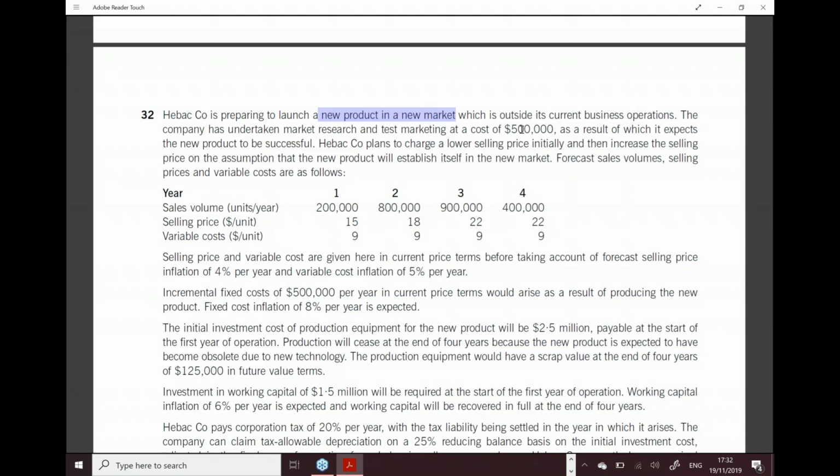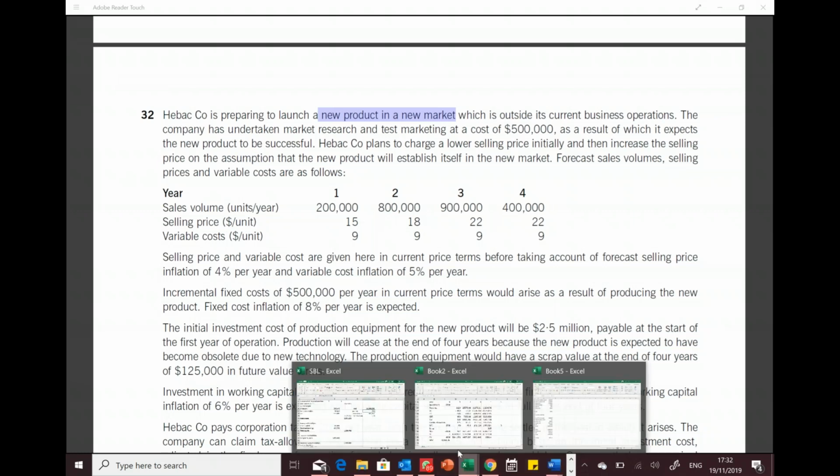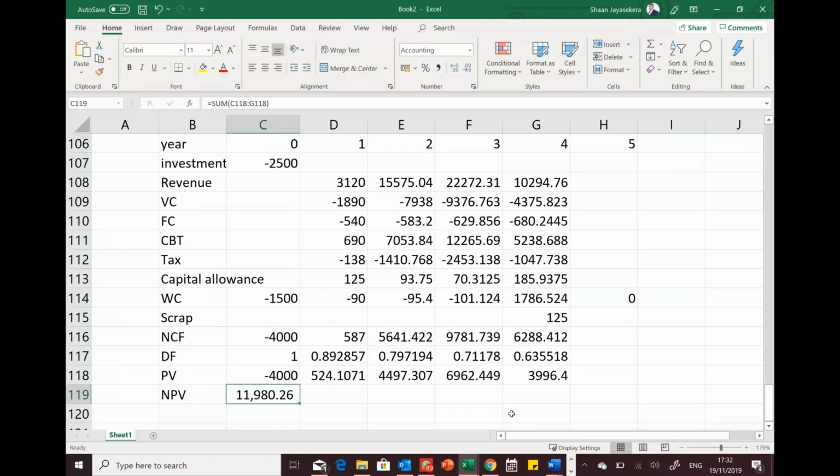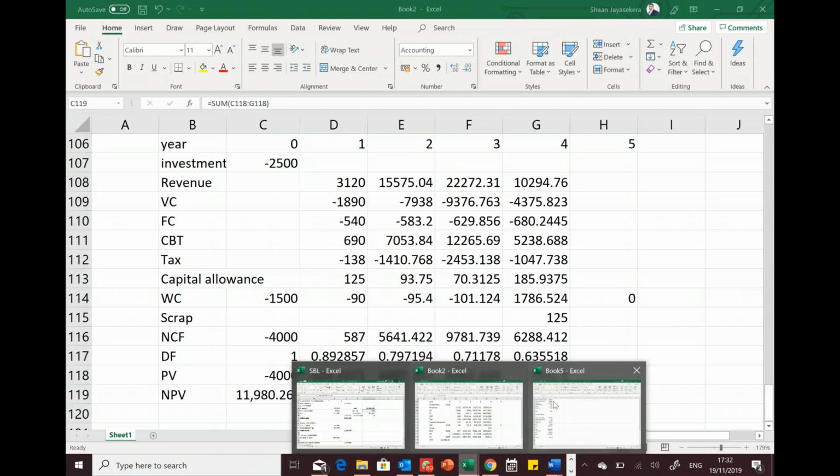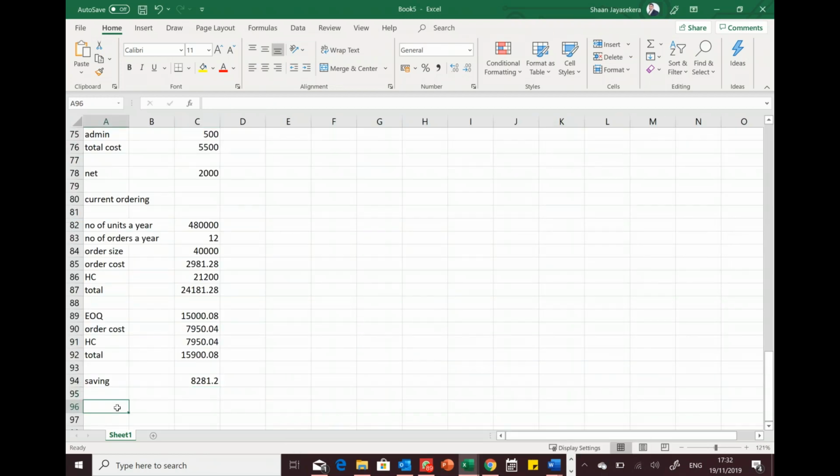So first of all, since I have to work out the nominal cost of capital, I will work on the basis of inflation here, right? I will do some workings.